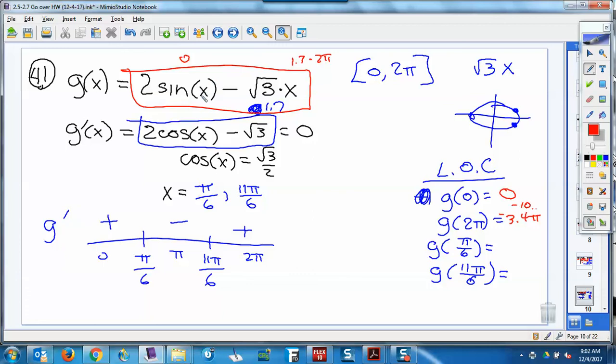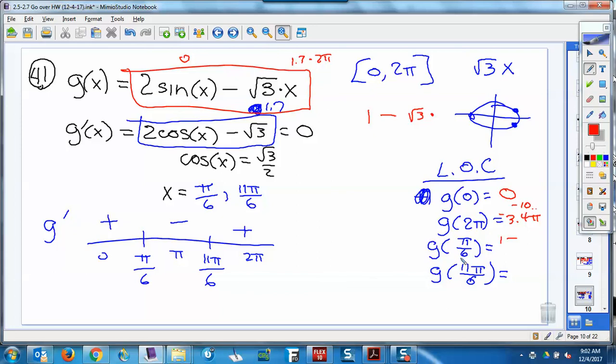Okay, now let's put in pi/6. Now to really get interesting because we're going to get some fractions. So sine of pi/6 is 1/2 times 2. So that's 1 minus, I'll put it here, 1 minus, and then I'm going to get square root of 3 times, now what's pi/6 roughly? 3 over 6, right?